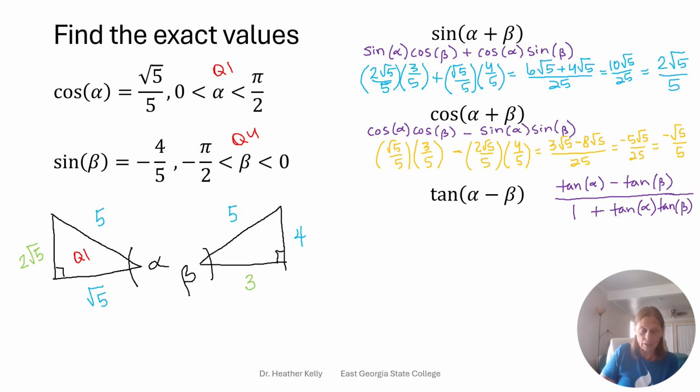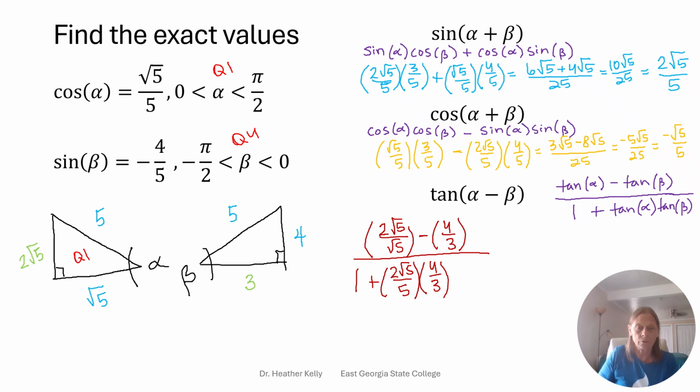And then let's knock out this tangent here. So we have tangent of alpha. So that is going to be 2 root 5 over root 5 minus tangent of beta, which is 4/3, over 1 plus 2 root 5 over 5 times 4/3.